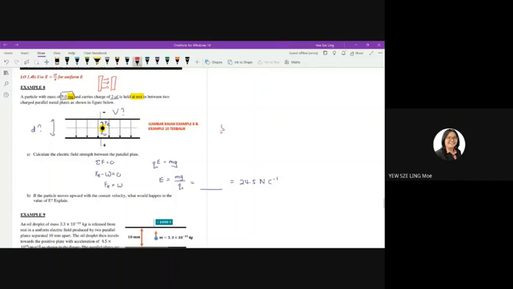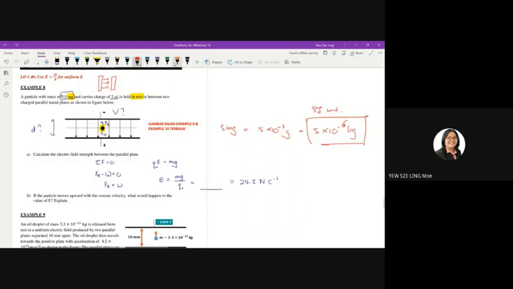So 5 mg is equal to 5 times 10 to the power of negative 3 gram, but gram is not an SI unit. Therefore, it is equal to 5 times 10 to the power of negative 6 kg. Kg is the one that we want to use in our calculation, as it is an SI unit. So plug everything into the equation and you should obtain 24.5 N C^-1.